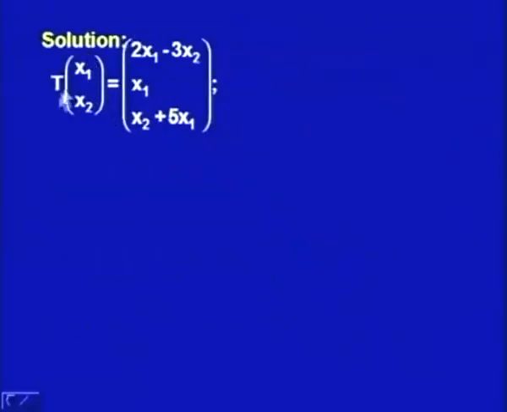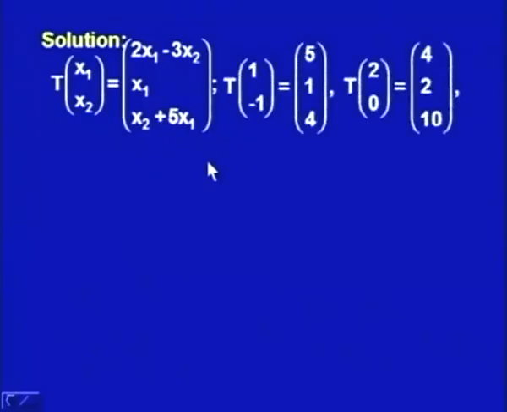So, for the solution, we start with the definition: T(x1, x2) is given to us as (2x1 - 3x2, x1, x2 + 5x1). We first see how these basis elements map to the image set. So, T(1, -1) is equal to (5, 1, 4). Let us see how. x1 is 1 and x2 is -1.